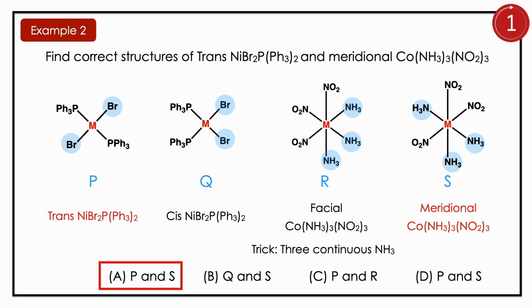Only P has the same atoms opposite, that is trans form. In Q, the Br are adjacent to each other, cis form. Then the question is about R and S. If you look at it, R has continuous NH3, so it is facial because it is in the same face. Meridional has discontinuous placement. So S is meridional, P is trans. So our answer is A. The concept you have to know here is that the trick to identify the facial structure is continuous placement of atoms.